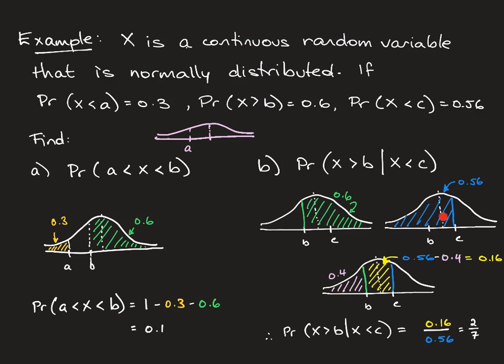We know below C is 0.56, so the bit in the middle must be 0.56, which goes all the way to the end, take away 0.4, which gives us 0.16.